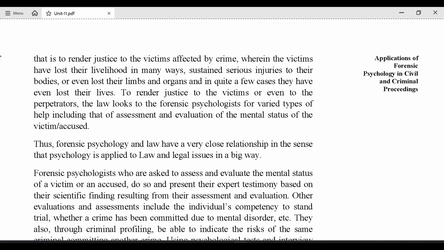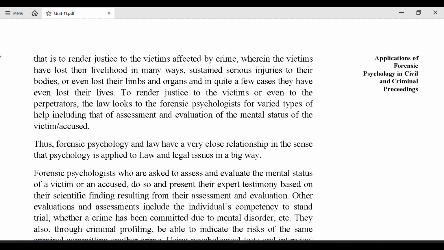To render justice to the victims or even to the perpetrators, the law looks to the forensic psychologists for varied types of help, including assessment and evaluation of the mental status of the victim/accused. Thus, forensic psychology and law have a very close relationship in the sense that psychology is applied to law and legal issues in a big way.